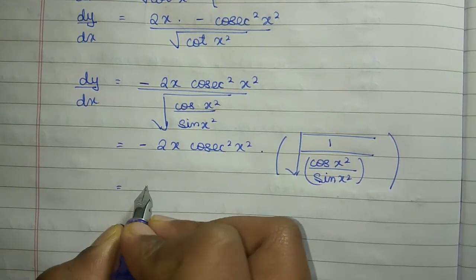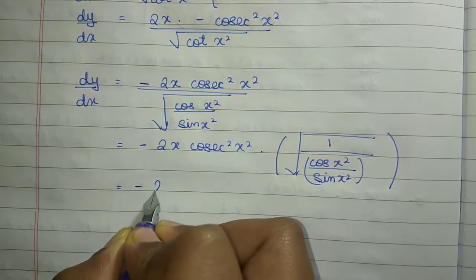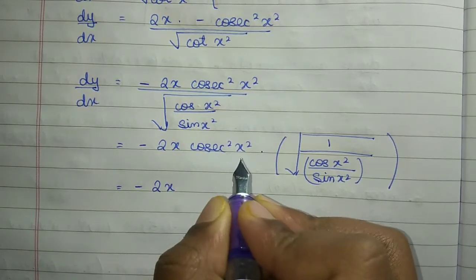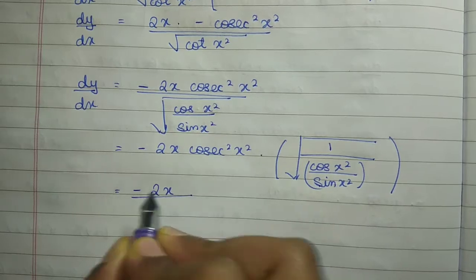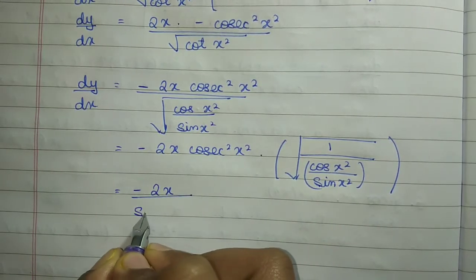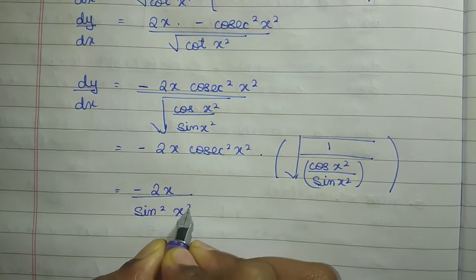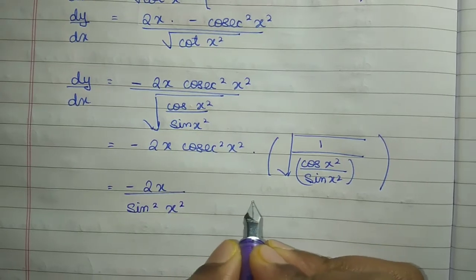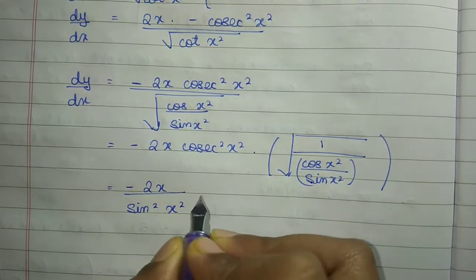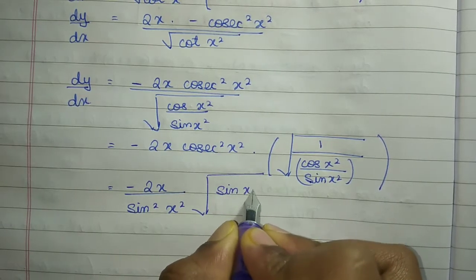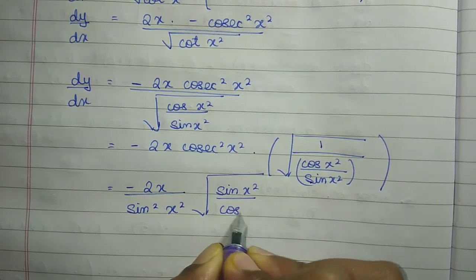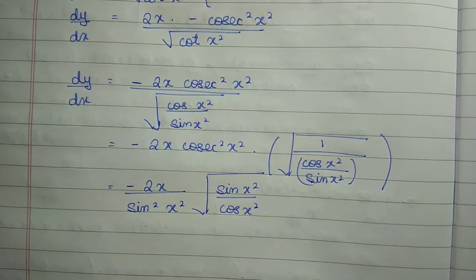So now in the next step, 2x into, what is cosecant x? It is 1 by sin x. Now so 2x into sin square x square. Okay, so this one will be rewritten as root of sin x square by cos x square.